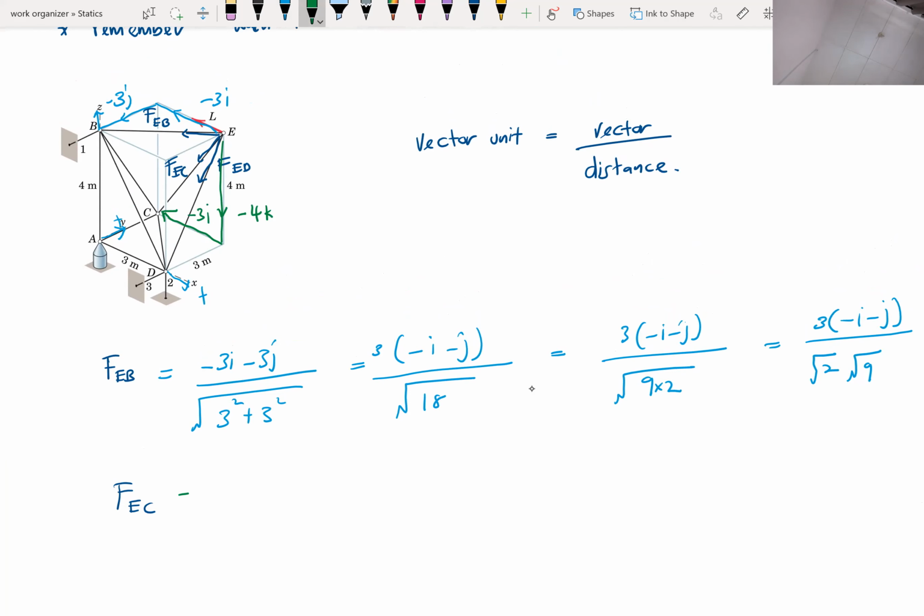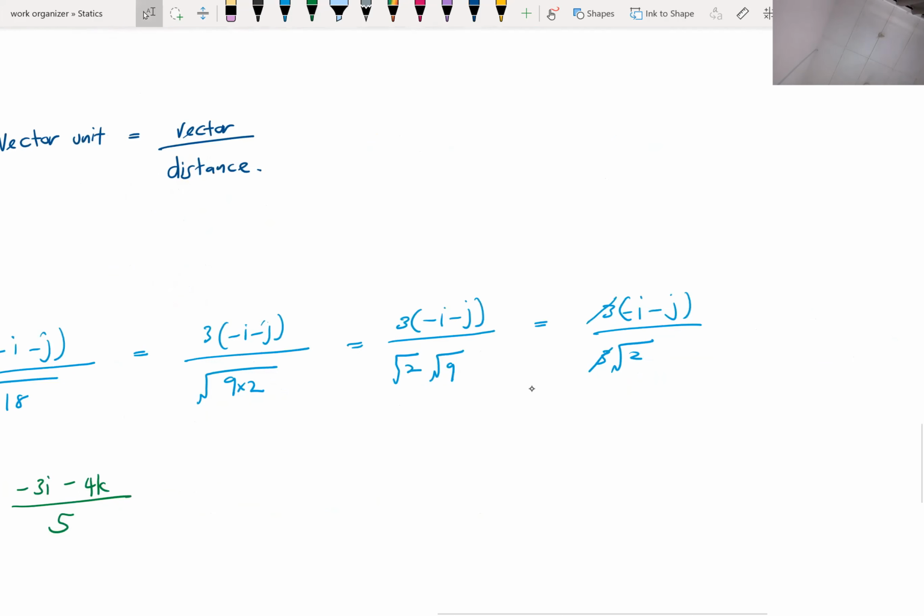So FEC is equal to -3i minus 4k, over the square root of 3 squared plus 4 squared, which is 5. Don't forget we have the value, the vector value. So we have FEB and FEC.